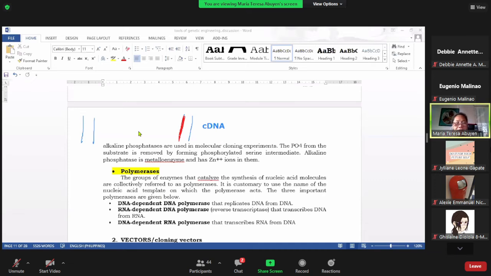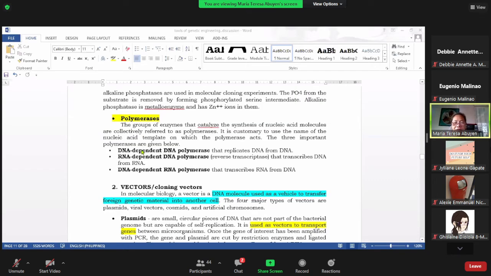Okay, so for the polymerases, there are 3 important polymerases used in genetic engineering. The DNA polymerase, or the DNA-dependent DNA polymerase that is used in DNA replication.